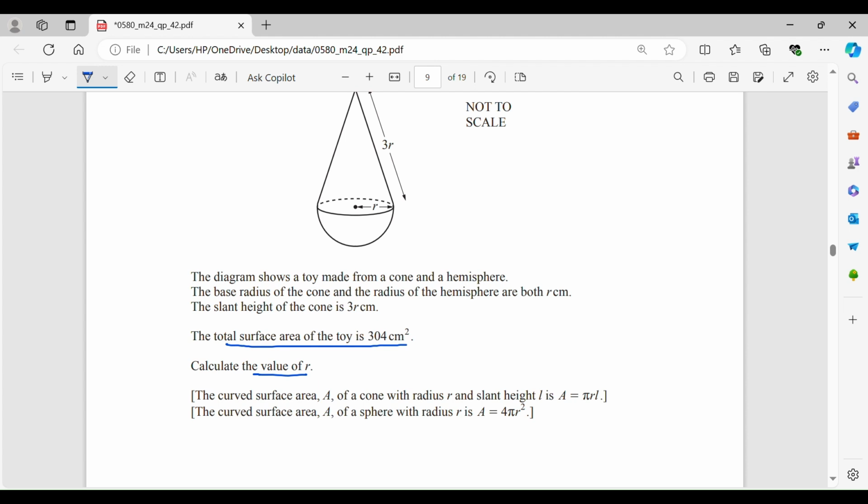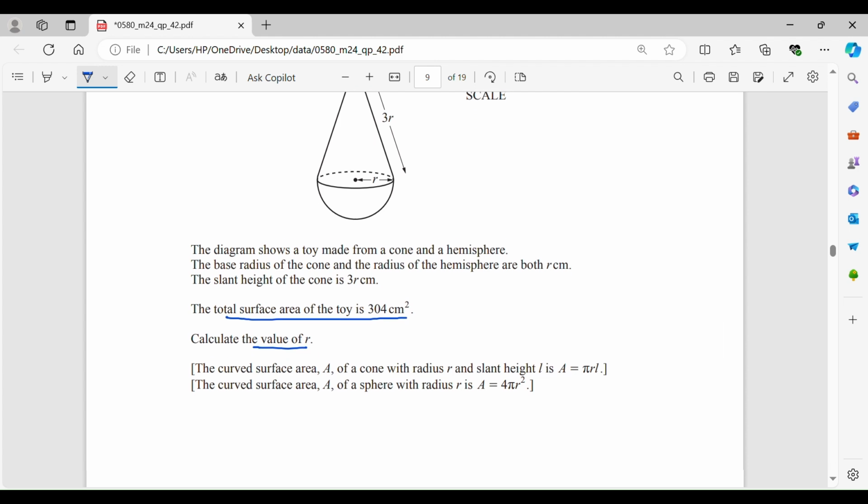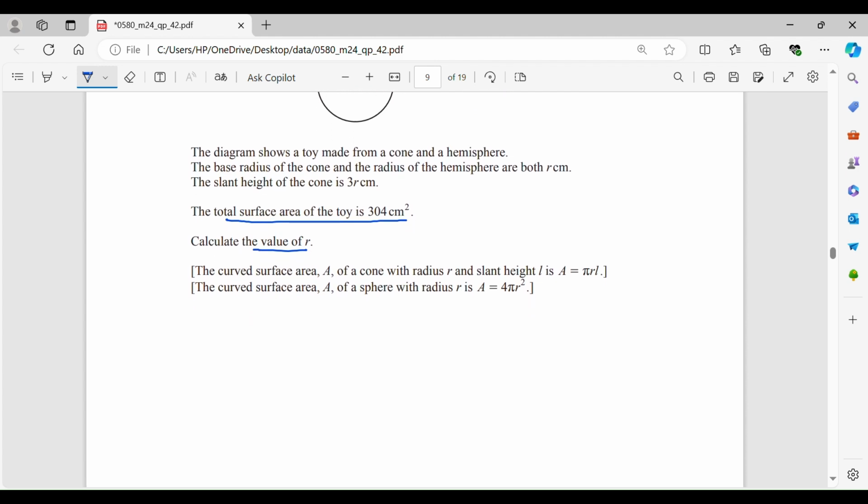So the total surface area will be equal to, we have already been given the curved surface area of the cone, which is pi rl, and the surface area of the sphere. For a hemisphere it will be 2 pi r square.